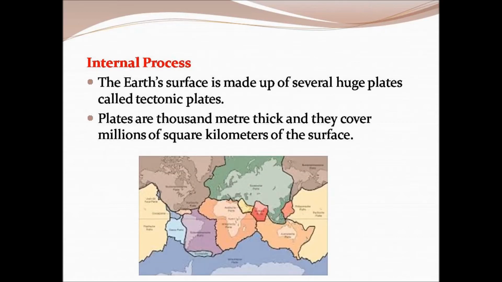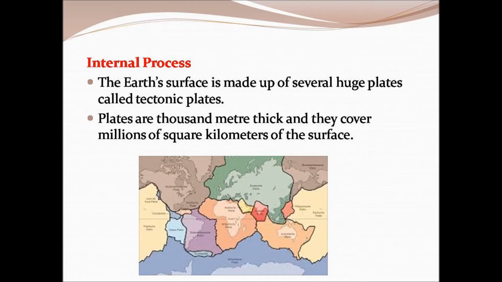Tectonic plates. The earth's surface is made up of several huge plates called the tectonic plates. So a tectonic plate is a huge irregularly shaped slab of solid rock. That is, it does not have a regular shape and it is a very huge slab of solid rock.